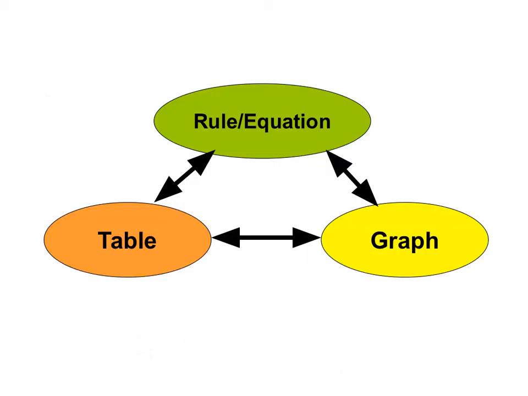There are 3 representations of a function. We're going to work on tables today, but they're also rules and graphs. And if you notice, there are double arrow lines in between each of these representations because a function is represented in these 3 different ways.